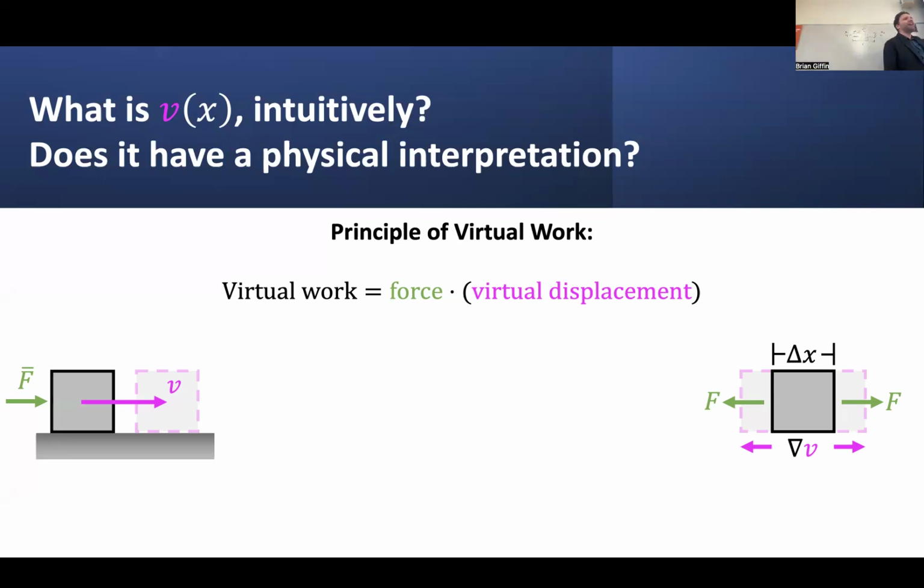So if I have, let's say, a block that has some external force F bar applied to it, and I imagine maybe it displaces by some amount V, a virtual displacement, if you will. It doesn't actually displace by this amount. We just suppose that if it moved in this direction, we could then quantify what is the work that would be done on this whole system, given this external applied force, if it were to move through this kind of virtual displacement. And we can quantify that just by saying the product of force times virtual displacement gives us virtual work.